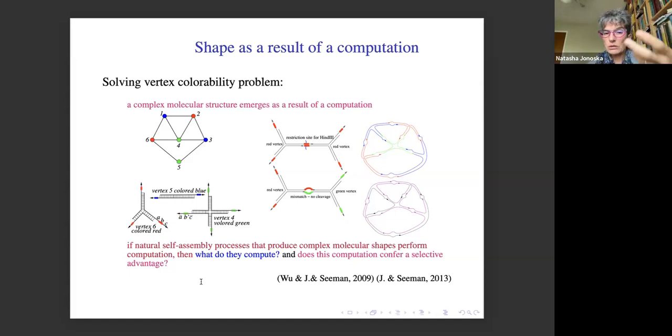Can we look at complex shapes of molecules, either proteins or DNA or other structures, as a result of computation? Can we actually detect the problems they're solving in order to attain these complex structures? Because they're all the result of self-assembly and enzymatic activity, everything we have in life.